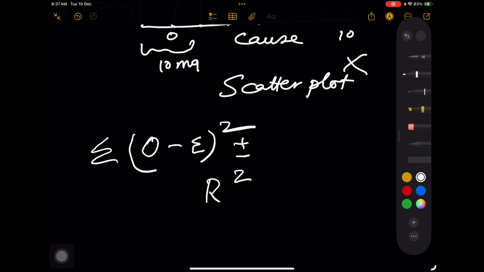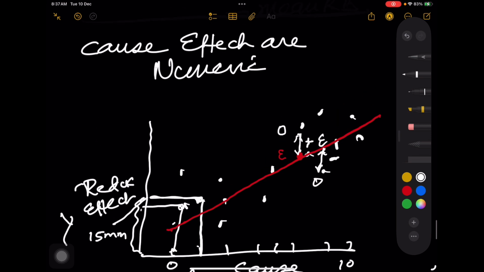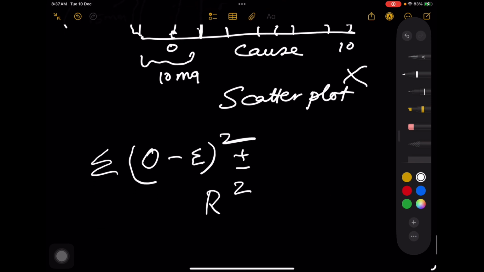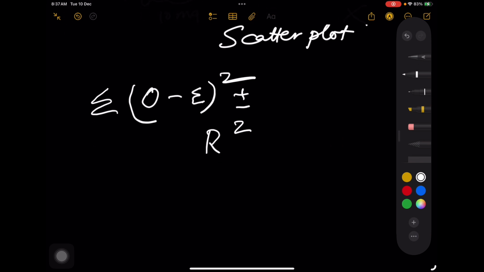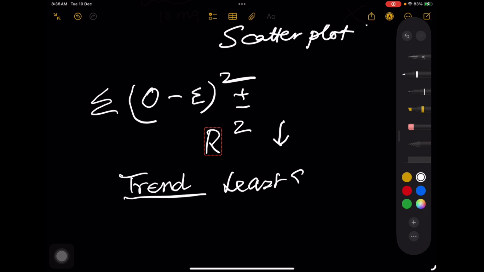This line, which is the line closest to all the dots, is called the trend line. This is the trend of association between A and B. Basically, this line will have the least residual square, so it is also called the least square line.